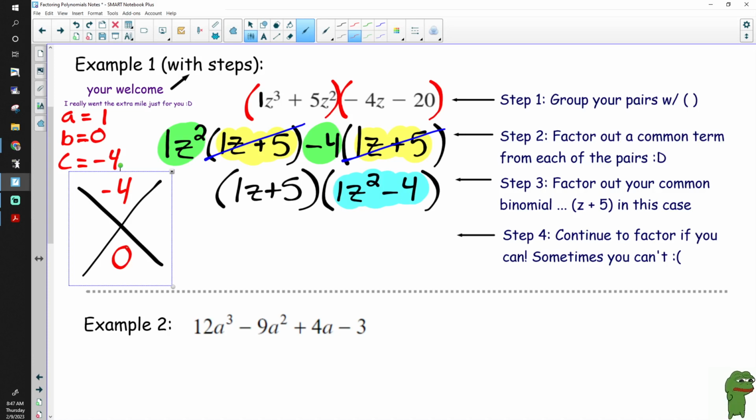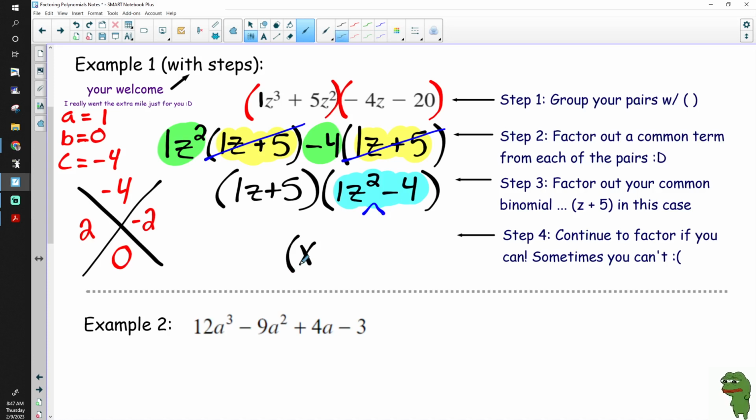What two numbers multiply to -4 and add up to 0? 2 and -2. And what am I going to divide both of them by? 1, so it's going to stay the same. 2 and -2. So this polynomial is actually going to split up into what two factors?